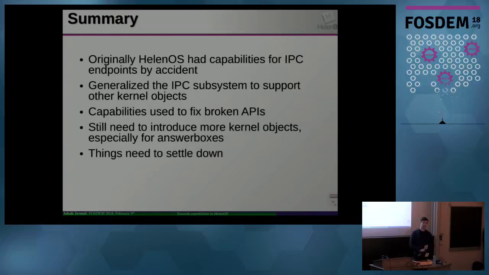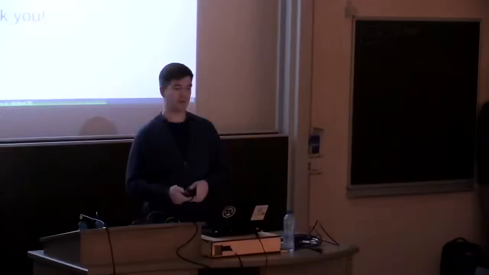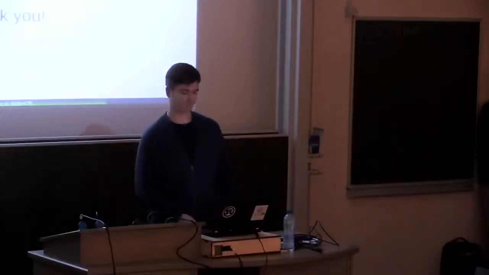And all this stuff is still quite new, a little bit still in flux, so there might be some time required for it to settle down and stabilize, so things still might change a little bit. And with that, I would like to thank you for your attention.